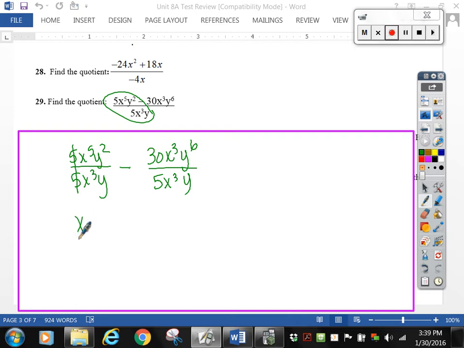X to the 5th over x cubed is x squared. 5 minus 3 is 2. This is technically y squared over y to the 1st, which is y. Here, 30 over 5 reduces to 6. My x cubes cancel out. And y to the 6th over y to the 1 is y to the 5th.